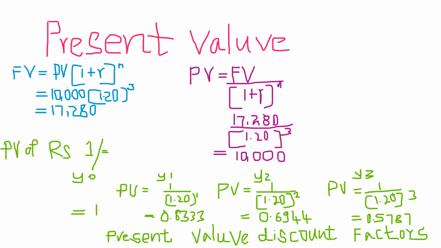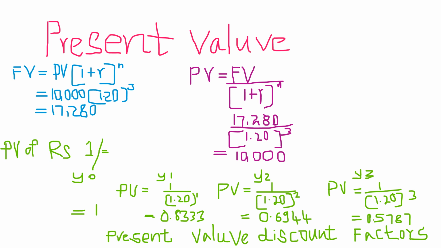I have given the two formulas that we derived from the compound interest formula. Let's first calculate the future value of this example. The amount that we are going to invest today is 10,000, so 10,000 is written here. 1 plus R represents 1 plus the interest, so that is 1.20, because 20 divided by 100 is 0.20.